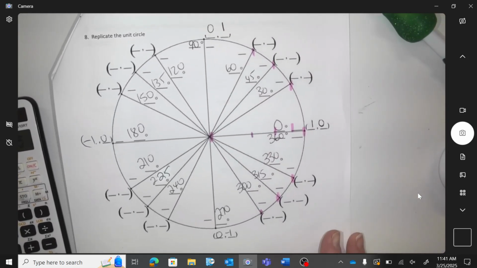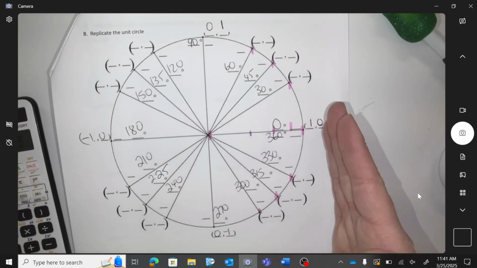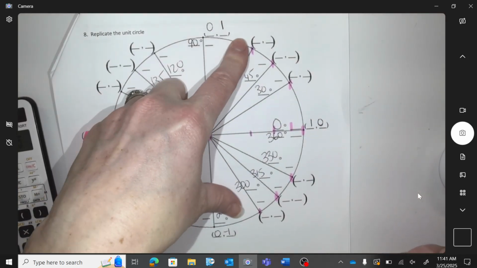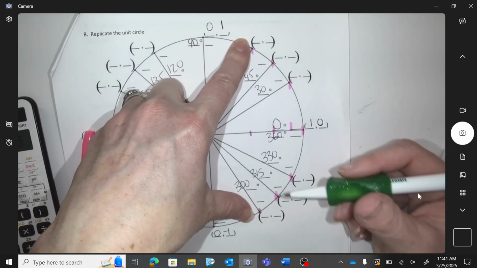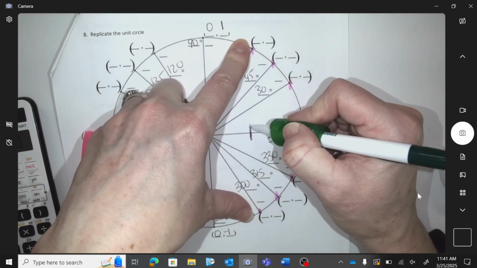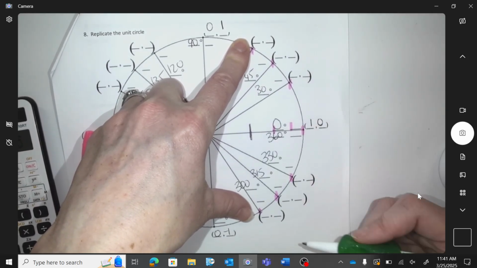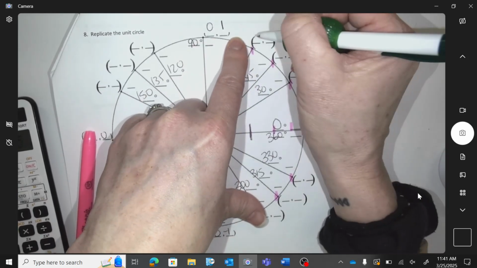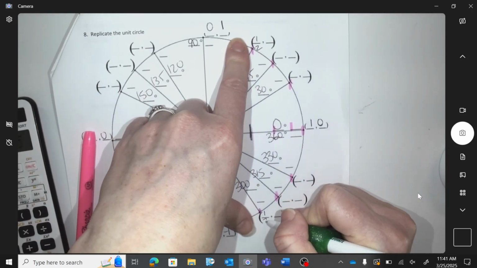Okay, so the next thing I do is I head to the right. So you can see how 60 and 300, they are lined up with this number on the axis, the x-axis. So if I increase, the next value is a half.